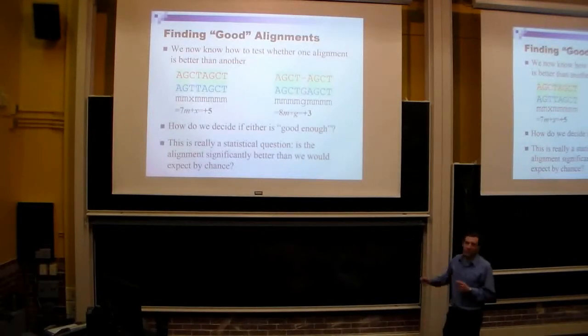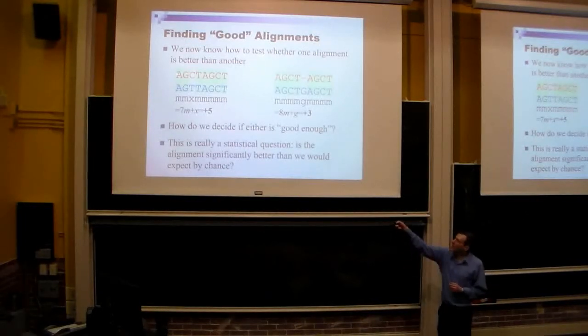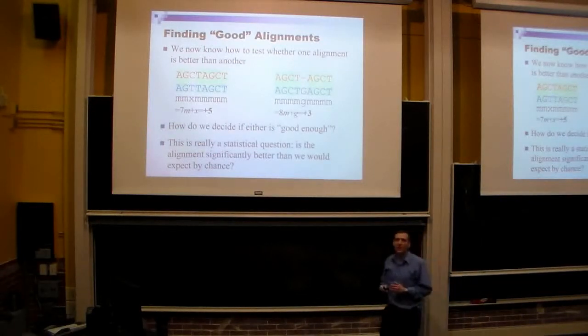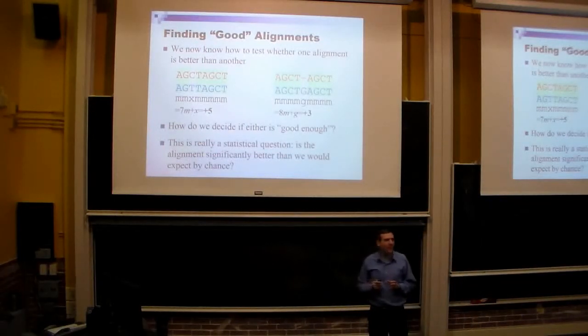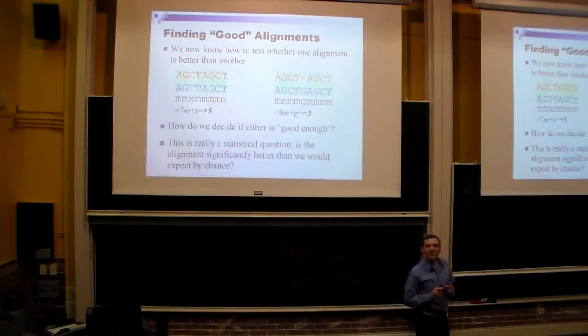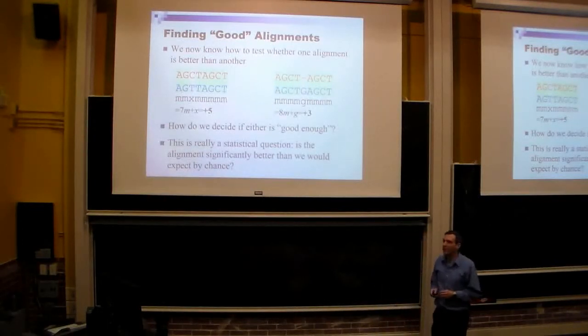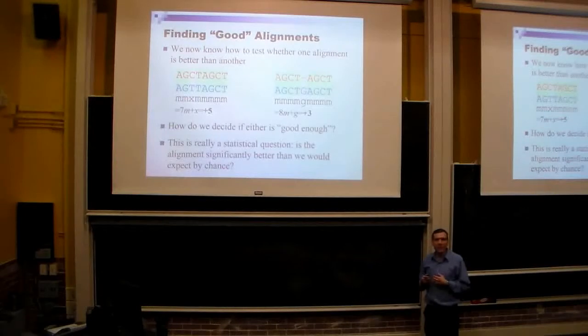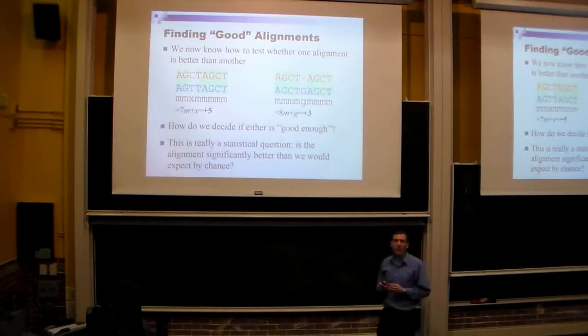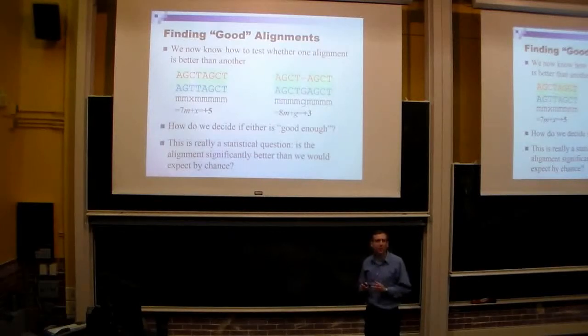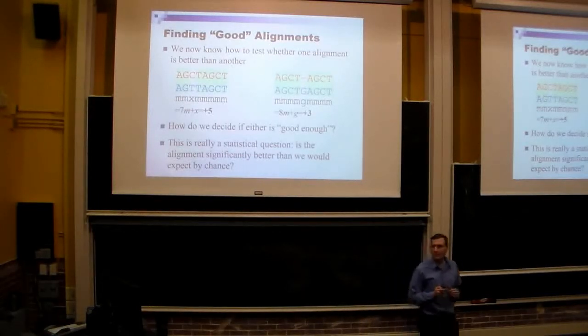So what we really want to be able to ask is, is this alignment and the score associated with it significant? And we'll ask that as a statistical question. So we'll ask if it's significant in the sense of, is this an alignment that is too good to plausibly have occurred by random chance? And if it is, then we'll say it's strong evidence these sequences are actually related.